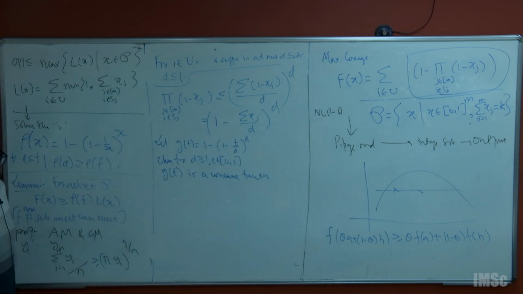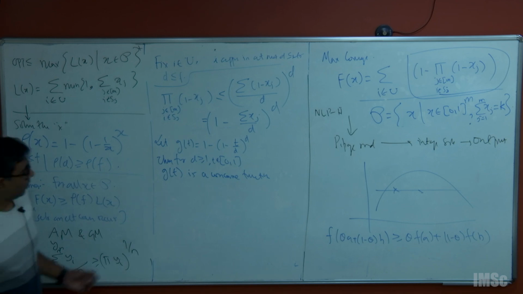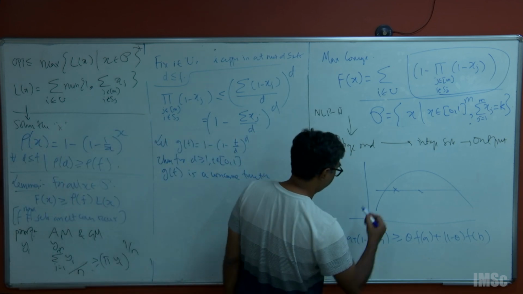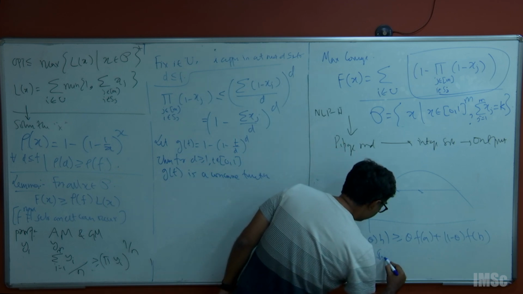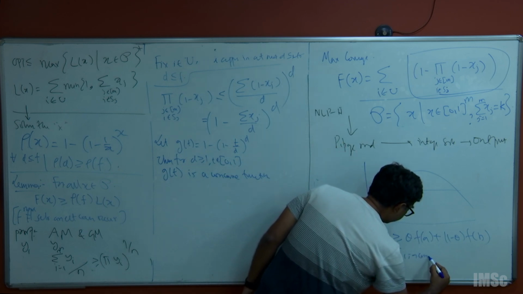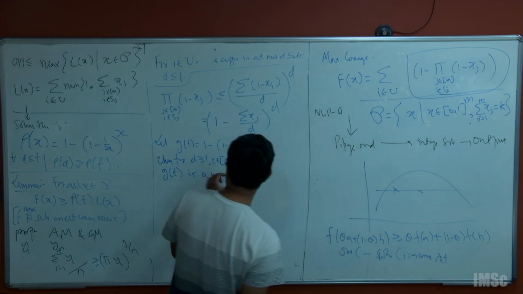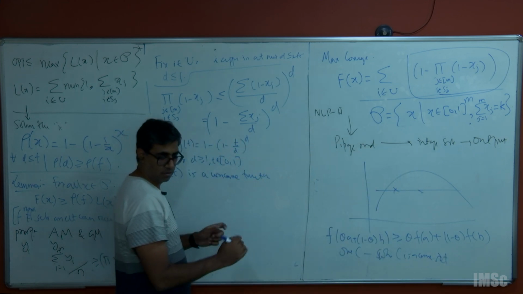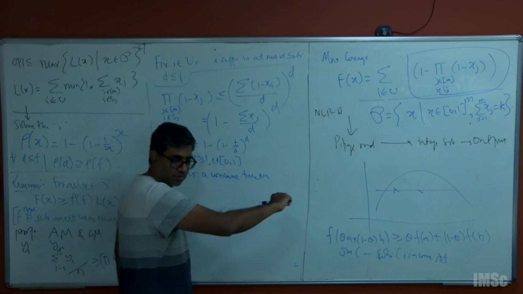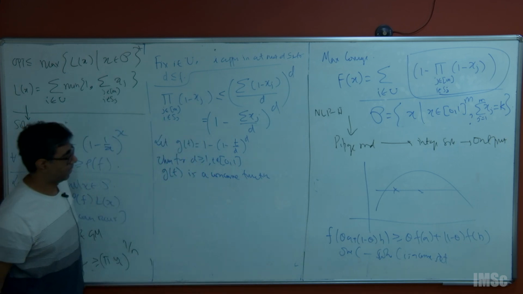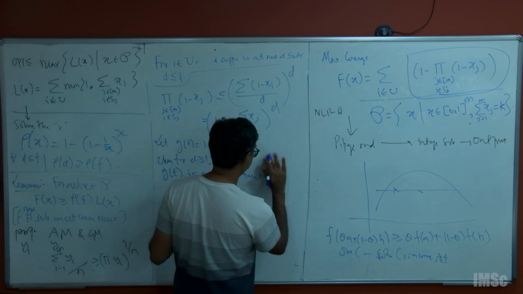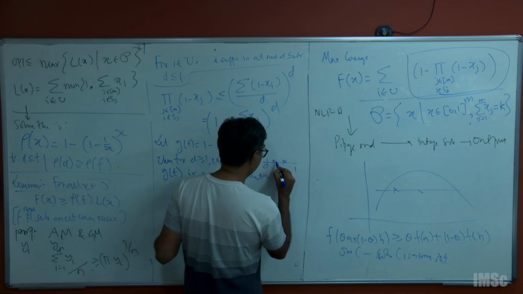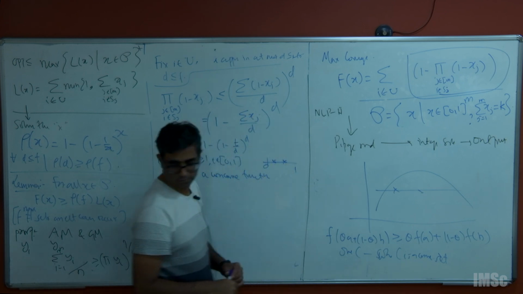This is the definition, of course over some convex set C. Here my domain is a convex set, because look at 0 and 1, take any two points, draw a line between them, and it is in the set itself.